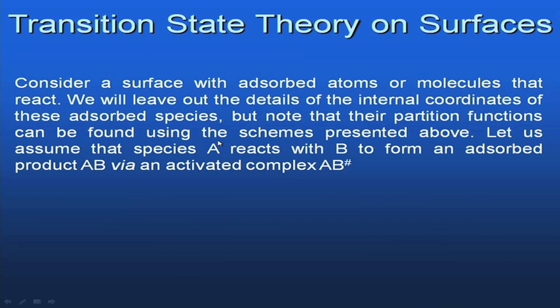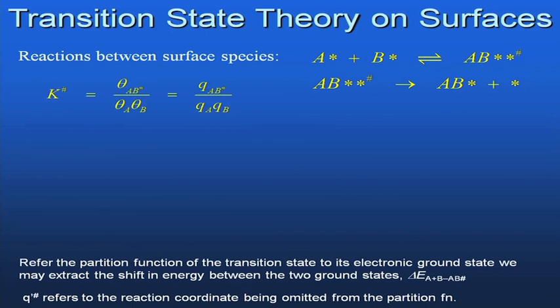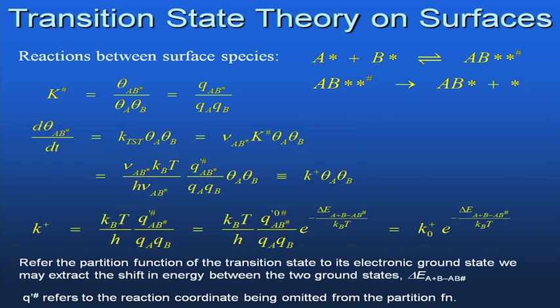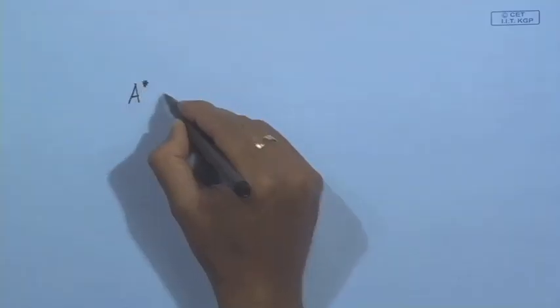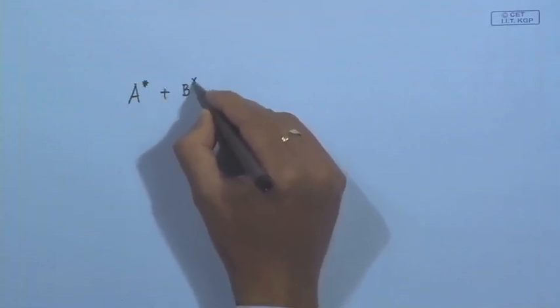Let us also assume that species A reacts with B to form an adsorbed product AB via an activated complex AB double dagger, or AB hatch. Schematically it is A star plus B star.